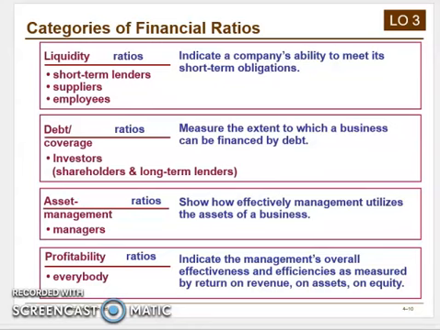And then, of course, profitability is important to everyone, all the stakeholders in the organization, and it indicates management's overall effectiveness and efficiency as measured by return on revenue, return on assets, and return on equity.